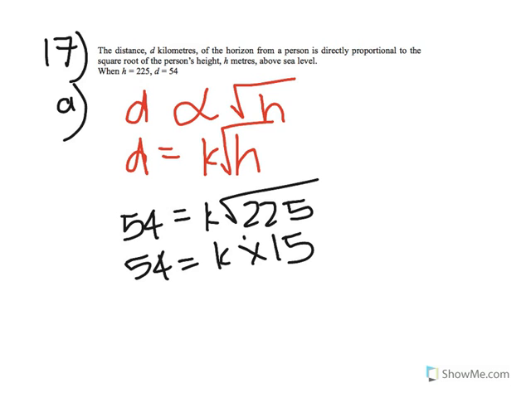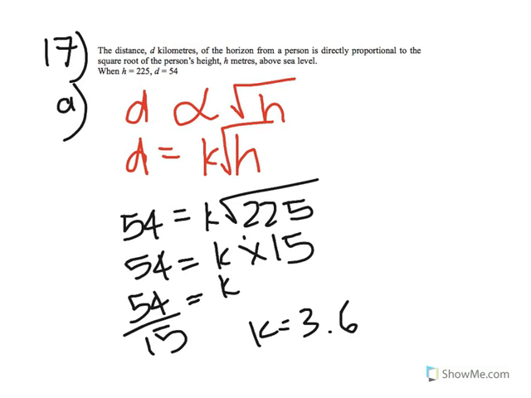So all you got to do is divide both sides to find the value of k. So k is equal to 54 divided by 15, which is k is equal to 3.6. And so your final equation is d is equal to 3.6 times root h.